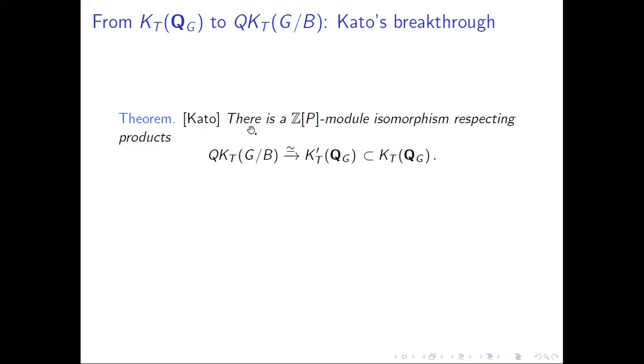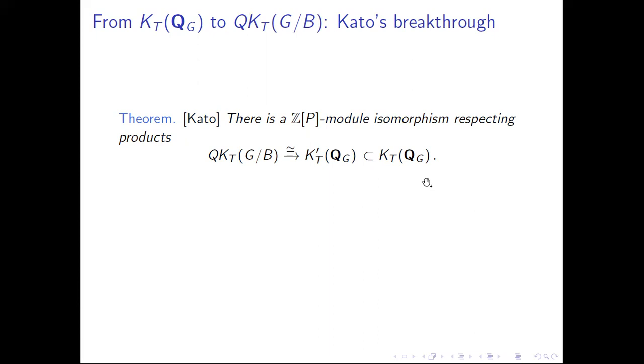So Kato's breakthrough, actually it's more than this, but a big part of it is this module isomorphism respecting products between the quantum K-theory of the finite type flag manifold and a certain subalgebra of the K-theory of the semi-infinite flag manifold. So that's why it's called quantum equals affine, because you have the quantum part and the affine part.